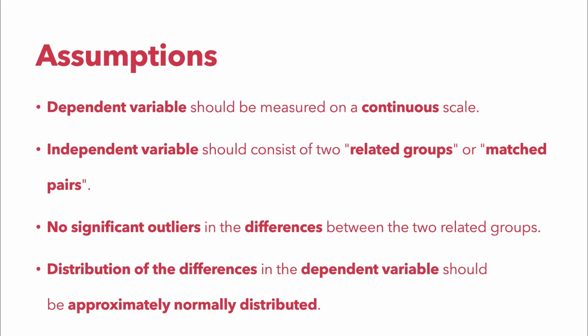So if you are not aware about how to check for normality of distribution, please click on the I button in the upper right hand corner of your screen right now to check for that video. In this case, we are assuming that the data is normally distributed and we'll move ahead with the analysis.